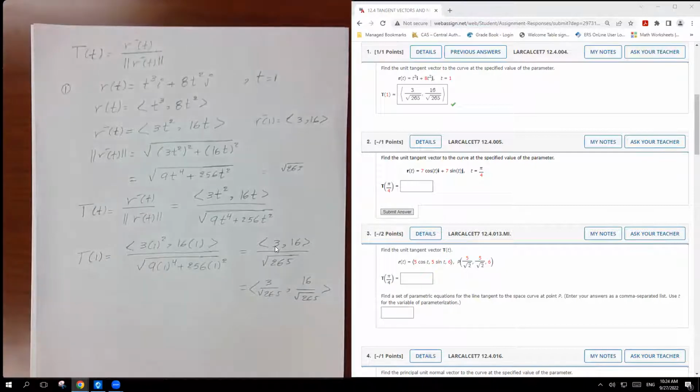Let's go to the next example. We're going to do exactly the same steps. R of t is going to be 7 cosine t i plus 7 sine t j.